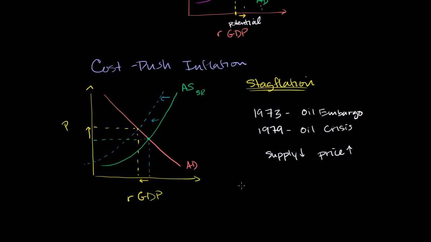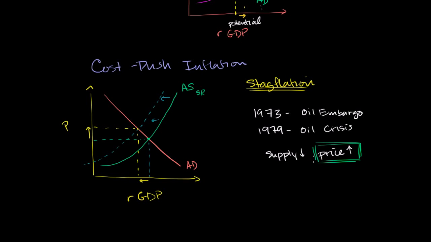And in the 70s, oil was even a bigger part of the U.S. economy than it is now. You probably remember, if you were around in the 70s, very, very large cars that had very bad gas mileage. And other uses of oil were also much, much less efficient in the 1970s. So it was a big input into the U.S. economy.